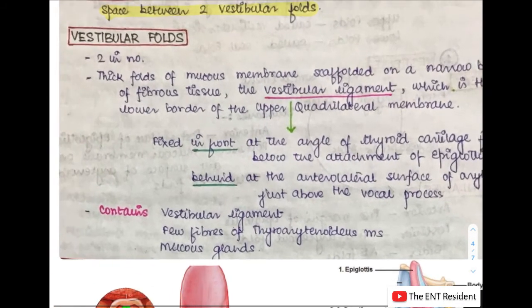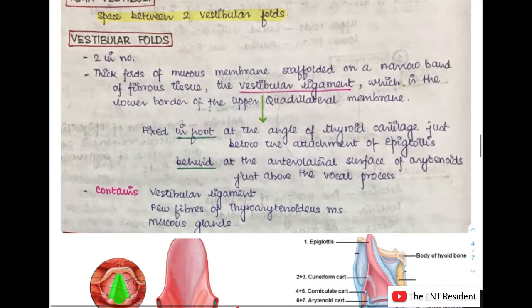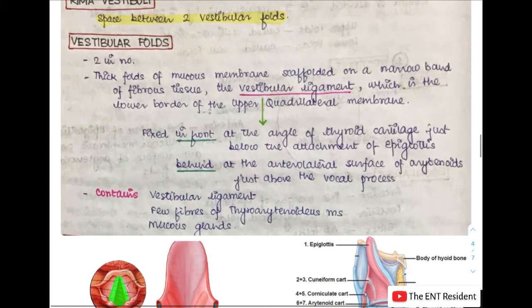Next we move on to vestibular folds. Now these vestibular folds are 2 in number, and what really comprises these vestibular folds is something that we will be studying now. They are basically thick folds of mucous membrane which is scaffolded on a narrow band of fibrous tissue which is known as the vestibular ligament.